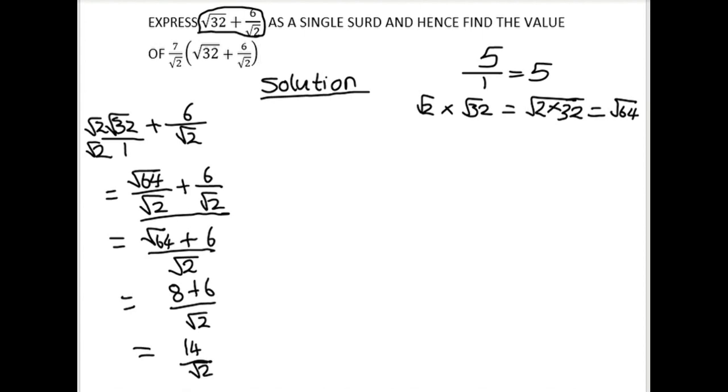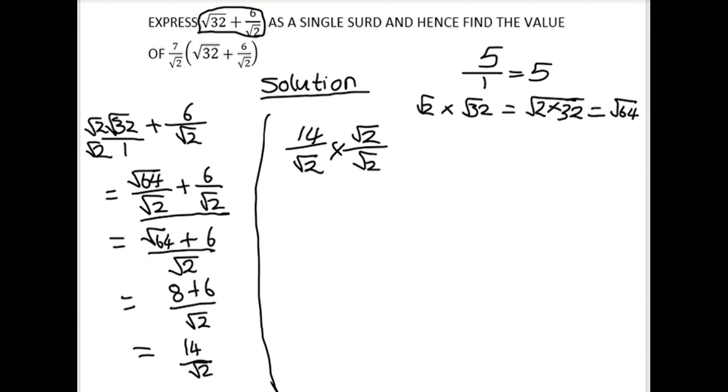And of course, the next thing I'm going to do is rationalize my denominator. When working in Surds, each time we have an irrational number in our denominator, we multiply top and bottom by that denominator so that it will cancel out.